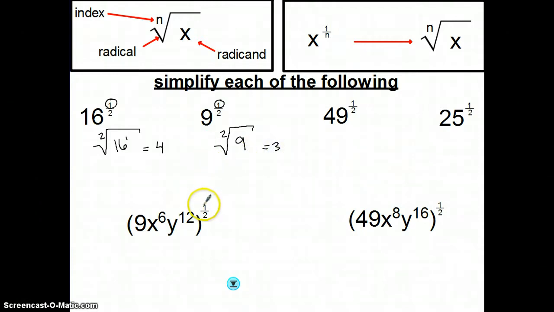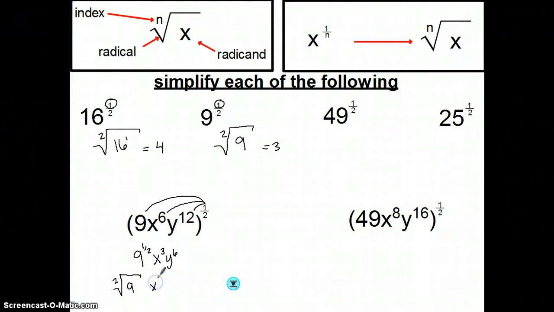Down below, I'm going to apply this exponent to all of the bases inside the parentheses. This becomes 9 to the 1/2 power. And when I apply an exponent to another exponent, I multiply, so this becomes x to the 3rd power and y to the 6th power. All I need to simplify now is the 9 to the 1/2. 9 to the 1/2 is the square root, or radical with index 2, and inside I have a 9.